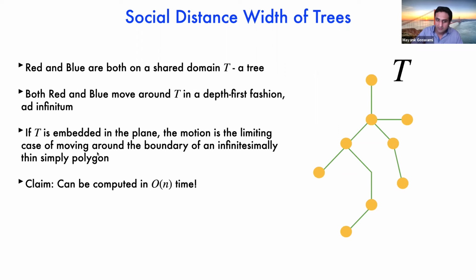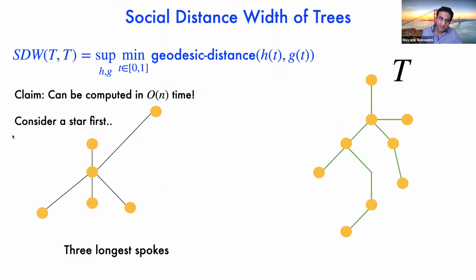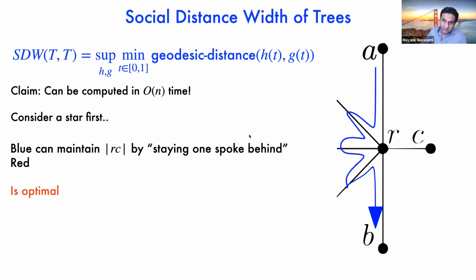And to see why, first let's consider the case of a star. A star has a center and these spokes to a bunch of other vertices. And turns out for a star, what is of most interest are the three longest spokes. If this is the longest spoke, this is the second longest, and that's the third longest spoke, let's call these three spokes A, B, and C, and let R be the center of the star.